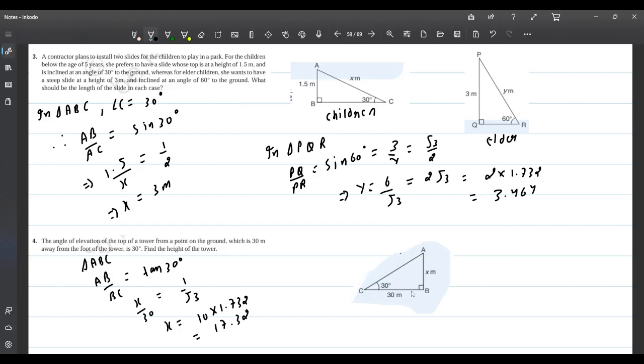AB upon BC. So what is the formula of tan? What is AB? Perpendicular, and this is base. So we have to find tan 30 degree. Tan 30 degree is 1 upon root 3. So x upon 30 is equal to 1 upon root 3. From here we get x is equal to 30 upon root 3.